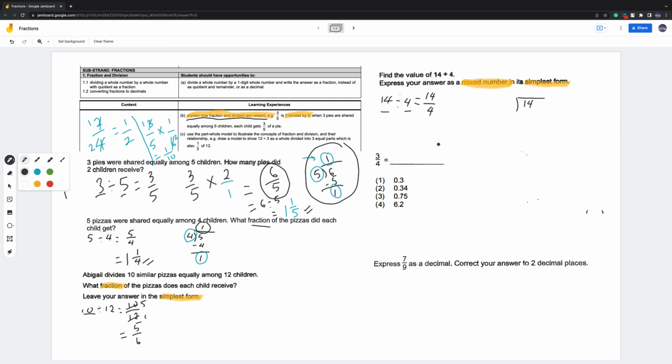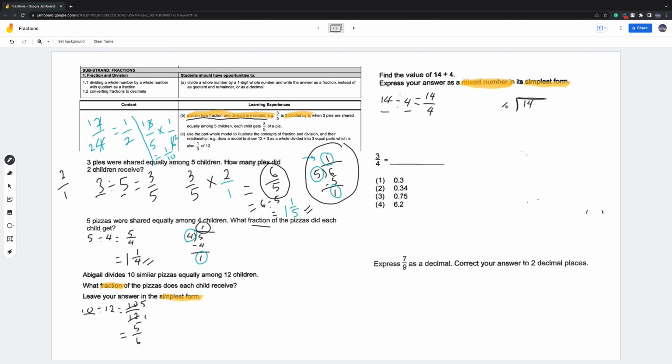Well, I usually tell my students, if you read the question, 14 divided by 4, 14 comes first. And look, treat this as a house. So this is the door and this is the roof. So this is the house. So if 14 comes first, 14 will enter the house first.